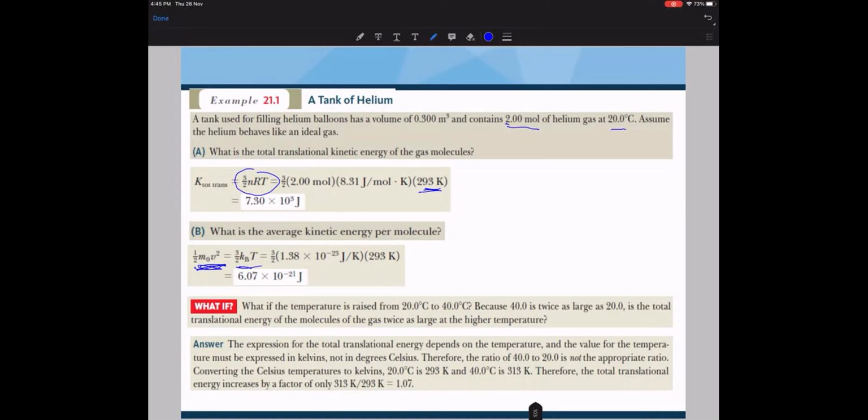And that is, kB is 1.38 times 10 to the power minus 23. Temperature is 293 Kelvin. So for one molecule, the average kinetic energy is this number for the helium gas at 20 degrees C.